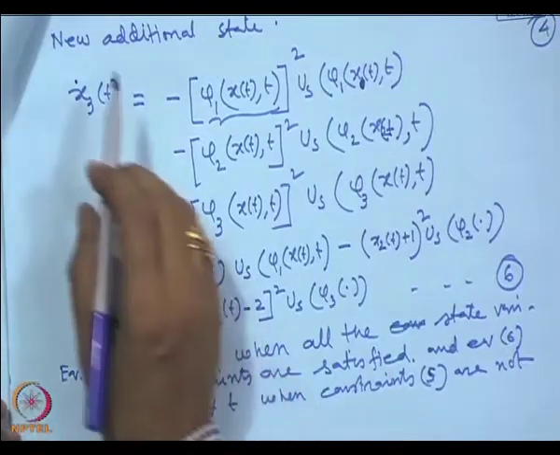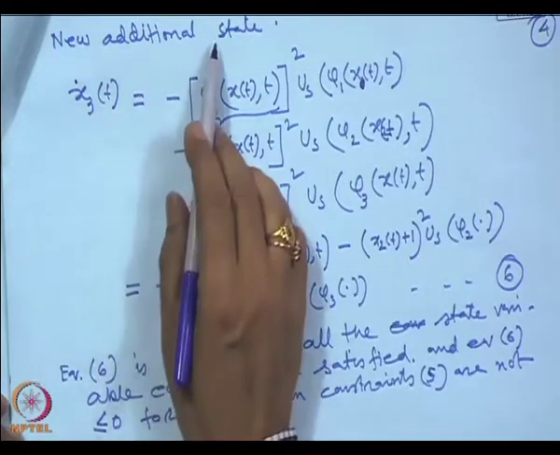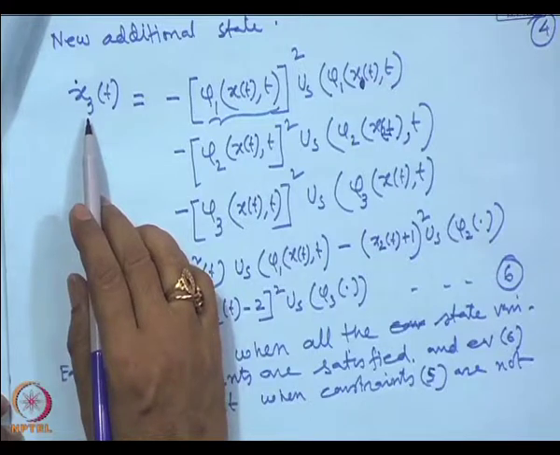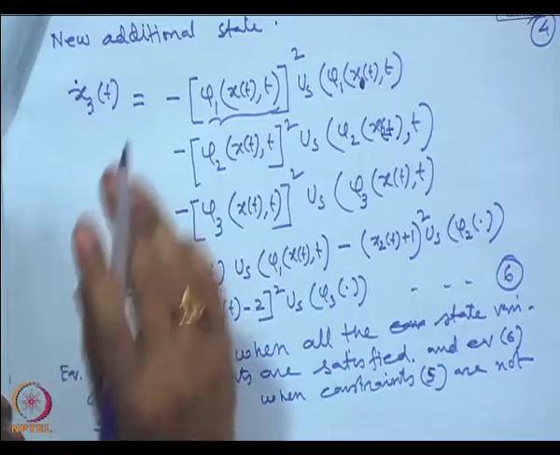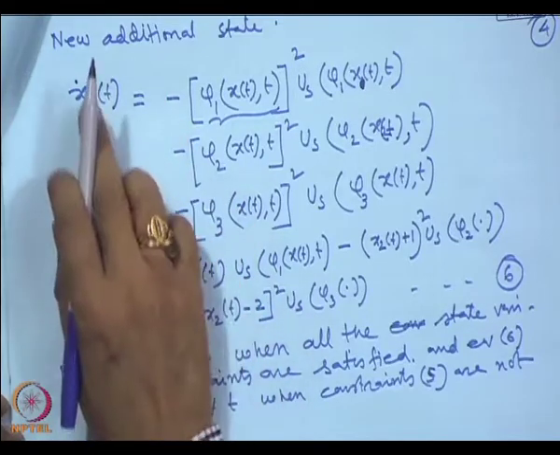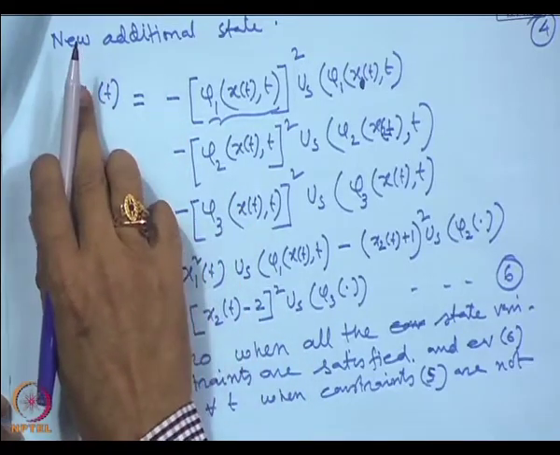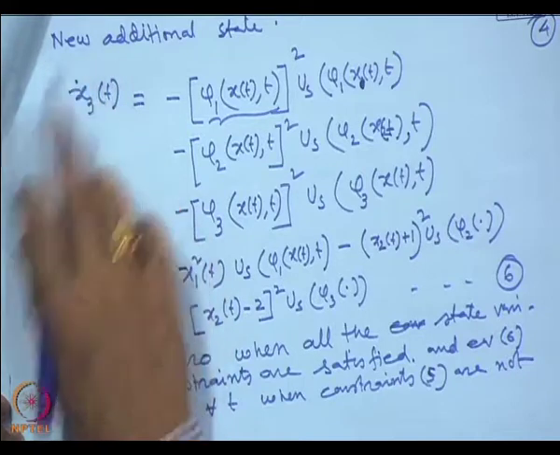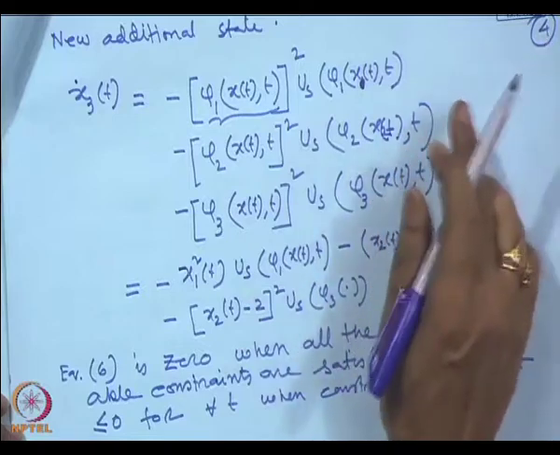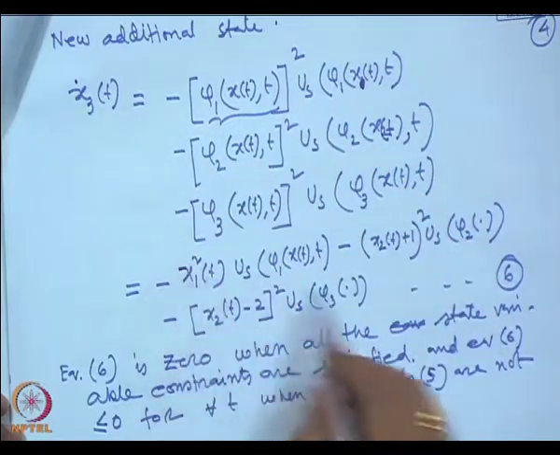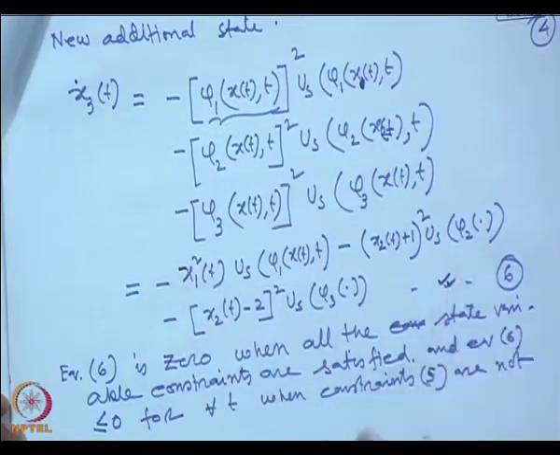Then, in order to solve this problem, we introduce a new state variable, x 3 dot of t. We initially had 2 state variables, now we have introduced a third variable, x 3 dot of t, and that is formed with the knowledge of the constraint which is less than or equal to 0. From there we constructed this state equation.